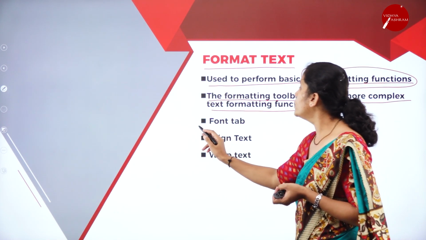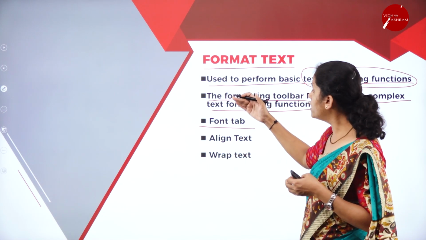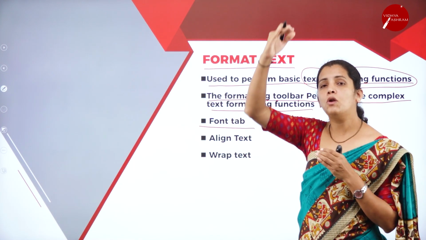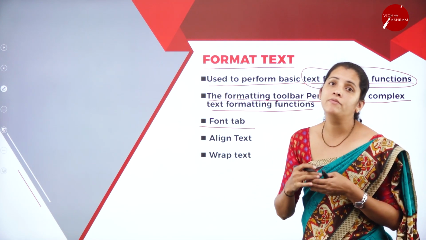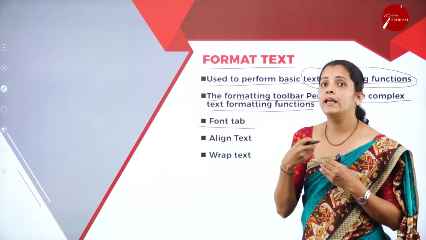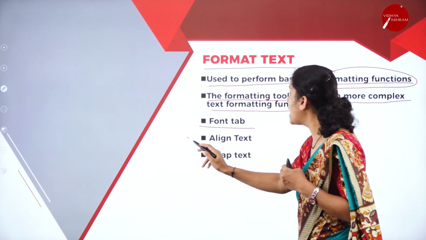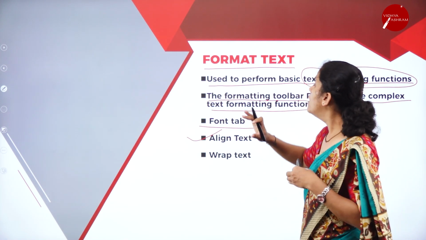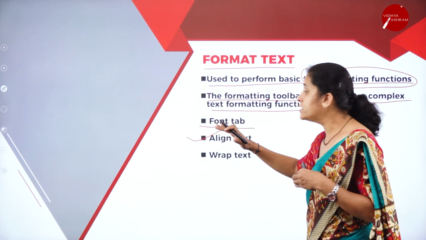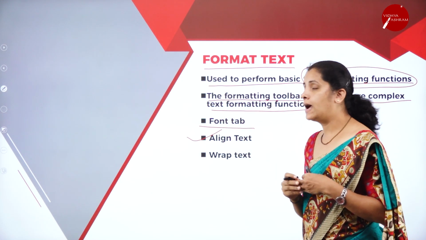Then I'm going to have the font tab. When I press the font tab, I'm going to get a long list of fonts, that is, the available font styles. In that I can pick any style. Then I'm going to have align text. That means I'm going to have the tab or option called align text, so that I can align the text.